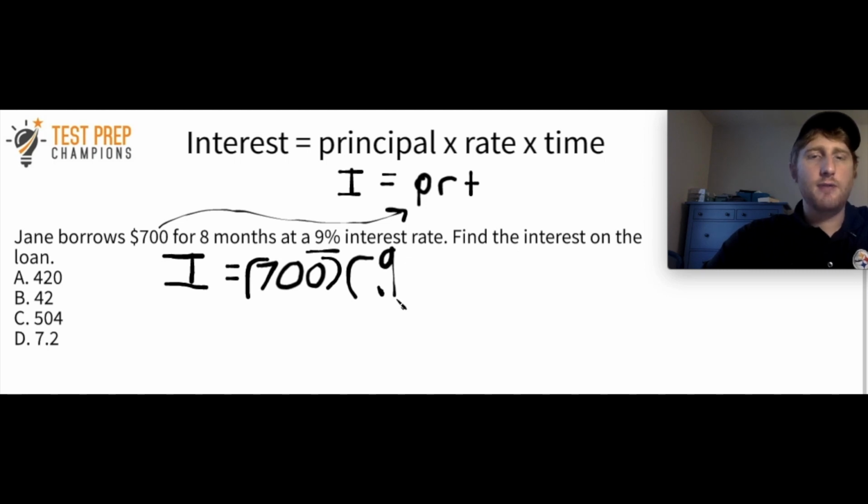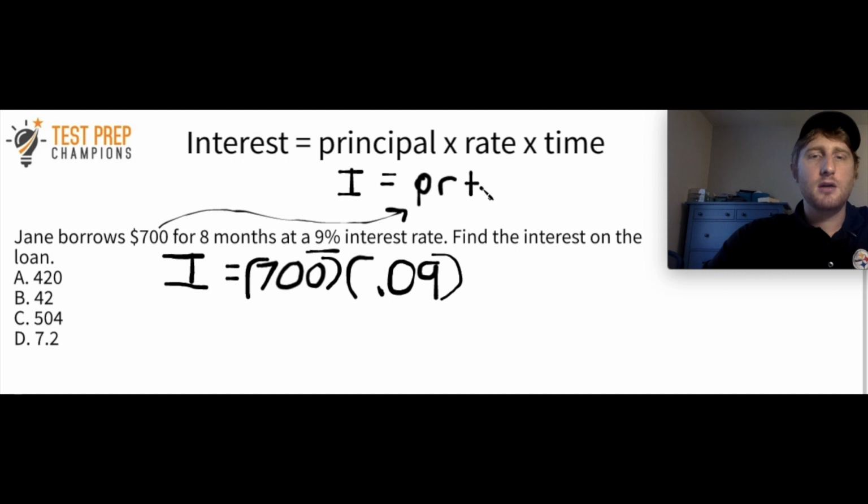Just note that if you did that, it's okay because we're just practicing, but you want to know that 9% is equal to 0.09, not just 0.9. So if you made that mistake, don't worry about it. I just want you to know for your test, and if you got that right and you put in 0.09, then congratulations, good job.